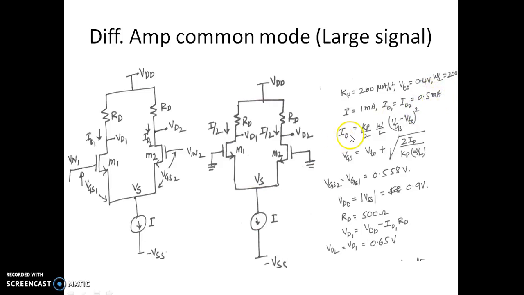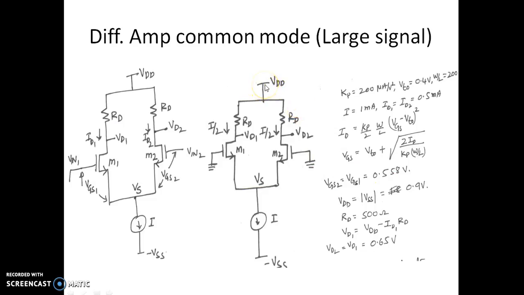We can find out the value of VGS that will be developed across each of the transistors using the expression for ID in the saturation region. So VGS can be obtained as VTO plus the square root of 2ID over Kp times W/L. Using these parameters, we'll get the VGS developed across both the MOSFETs as 0.558 volts, that is 558 millivolts.